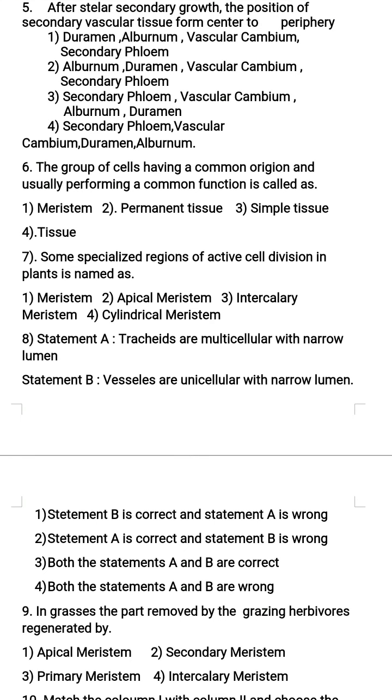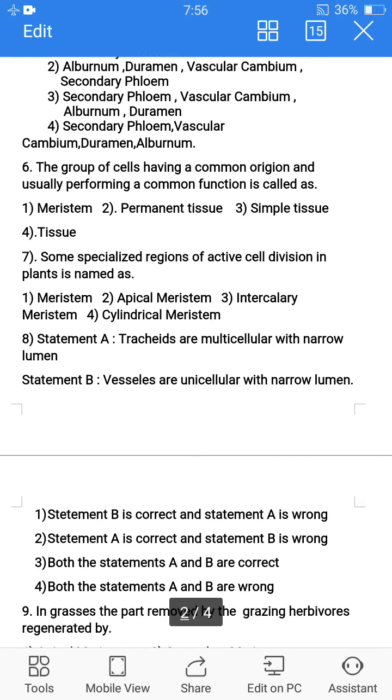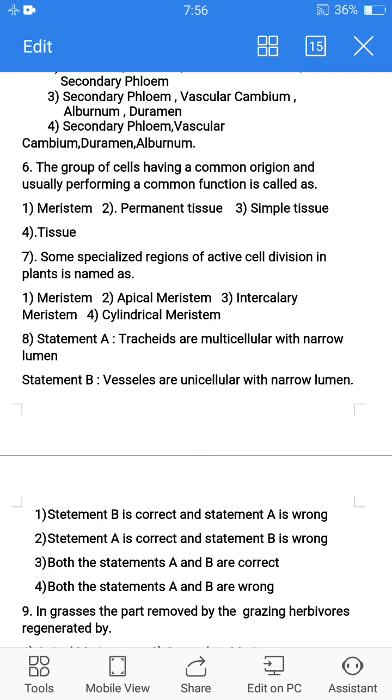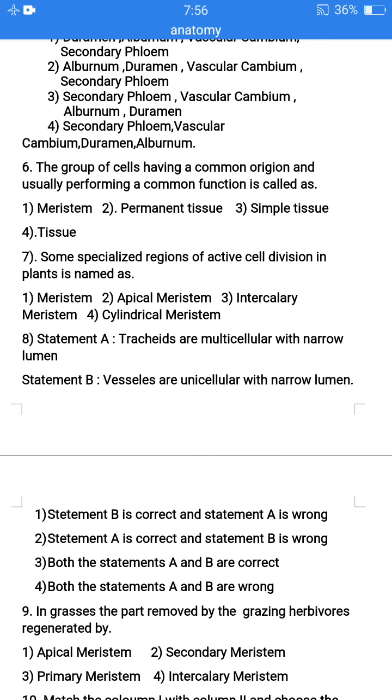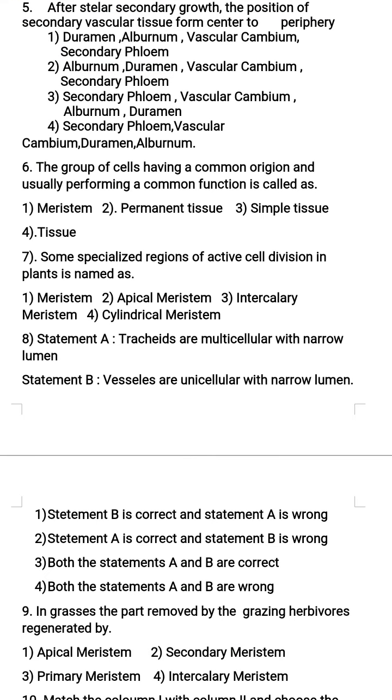Second option, permanent tissues. And third option, simple tissues. And fourth option, tissue. So the correct option for this question is option 4, tissues.